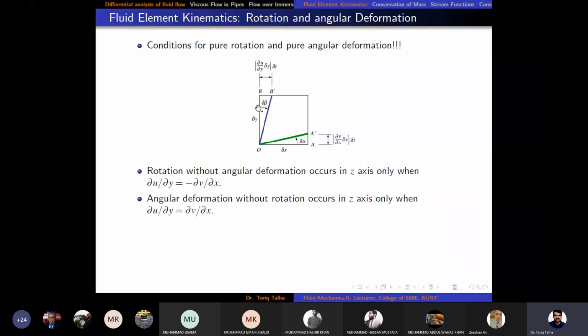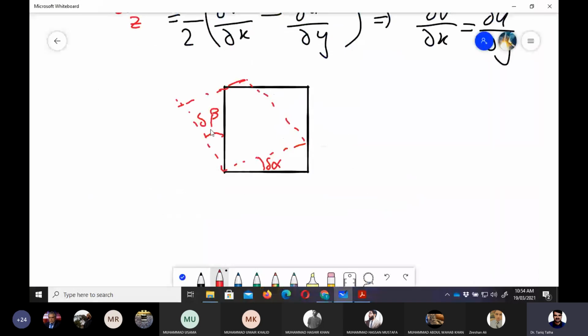So if we can make it in the counterclockwise direction, as I showed on the whiteboard, it means that there is no angular deformation, but only rotation about its axis, which is at this point, which I am showing with the mouse cursor.